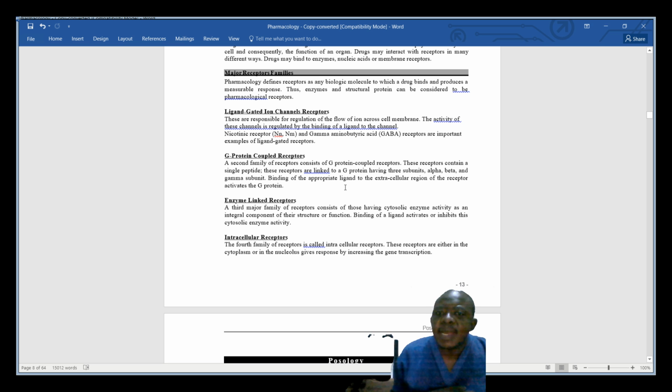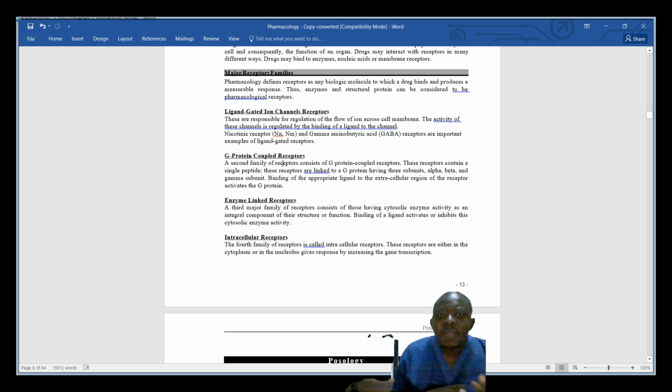Binding of the appropriate ligand to the extracellular region of the receptor activates the G proteins. So with the G protein coupled receptors, these receptors contain a single peptide and are linked to the G protein that has three subunits, alpha, beta, and gamma. So the receptor activates what we call the G proteins.